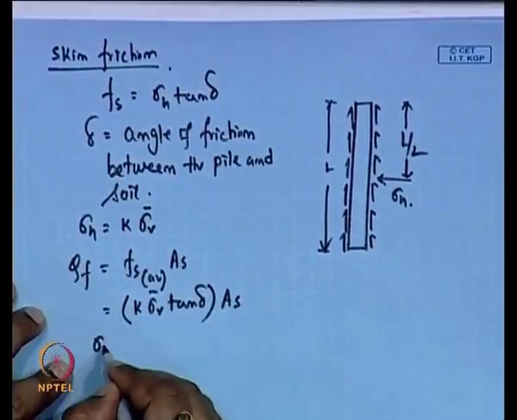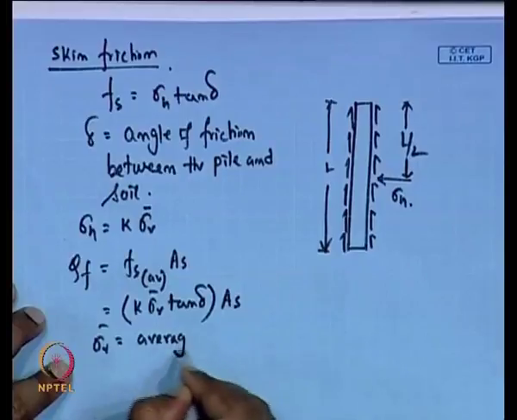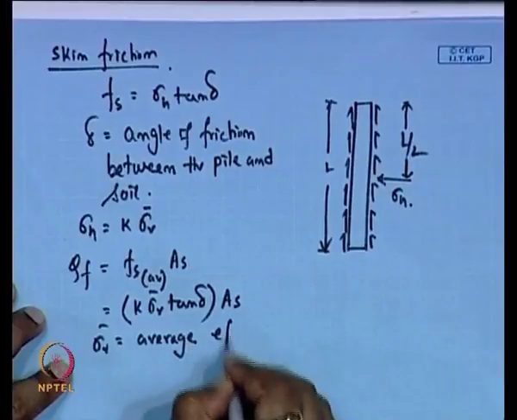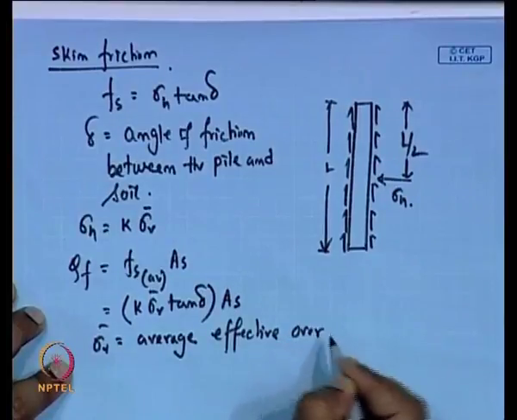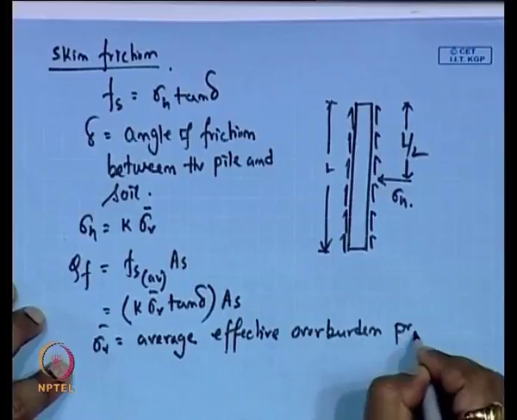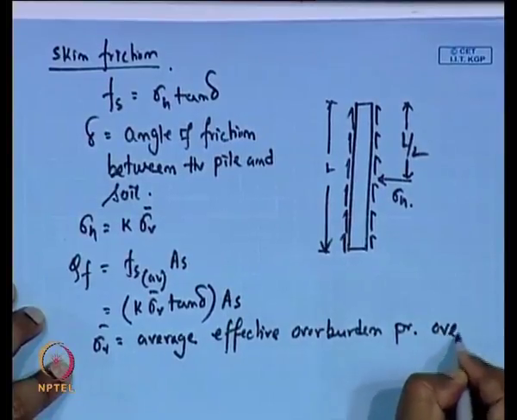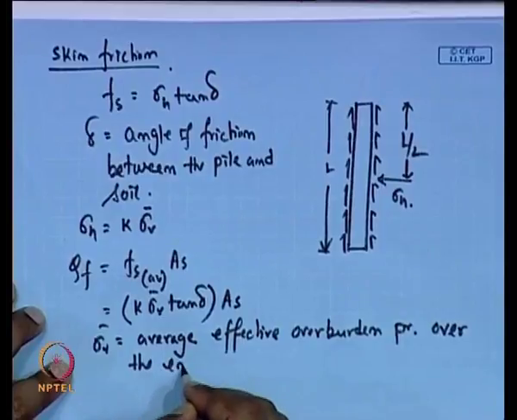Here sigma v bar is the average effective overburden pressure over the embedded length of the pile.